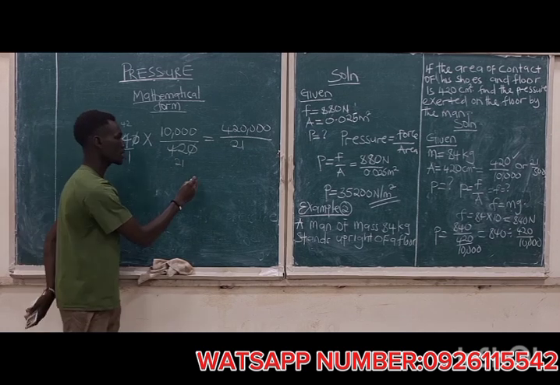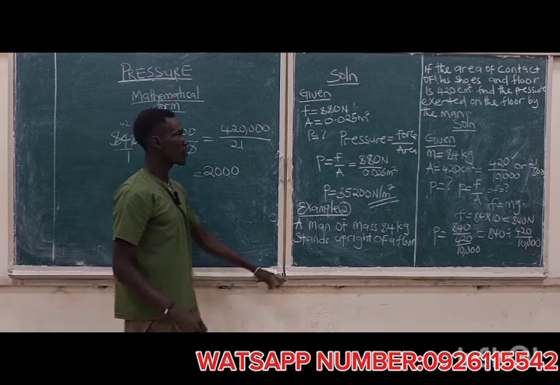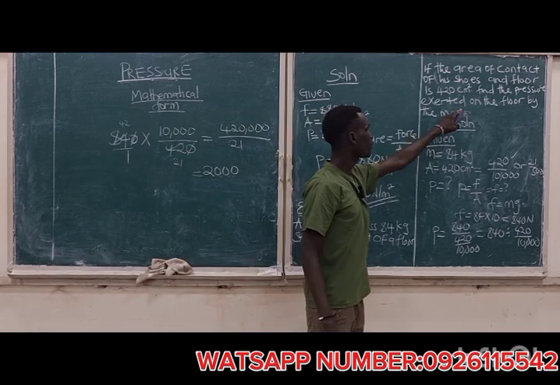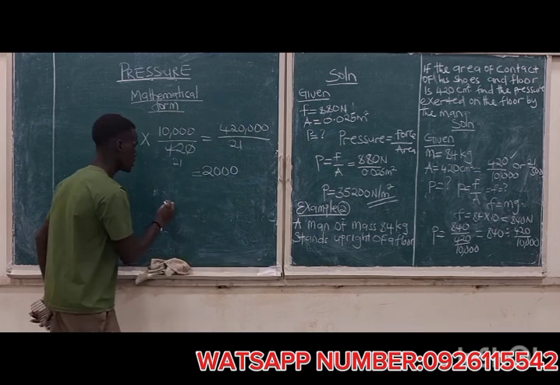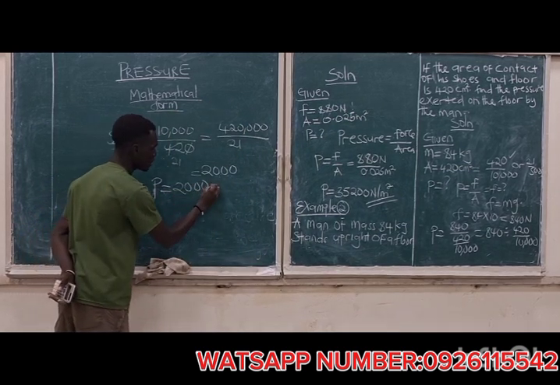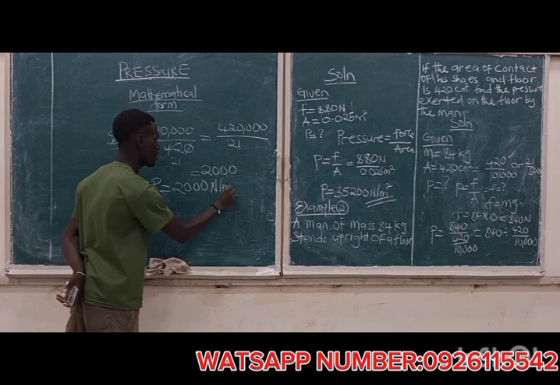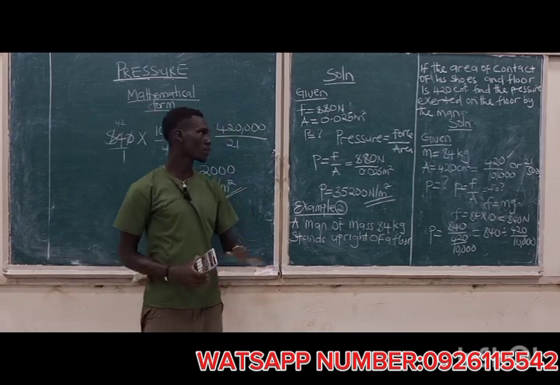We're going to get 2,000 at last. Our question asks, find the pressure exerted on the floor by the man. Therefore, pressure is equal to 2,000 Newton per meters square. That is our final answer concerning this question.